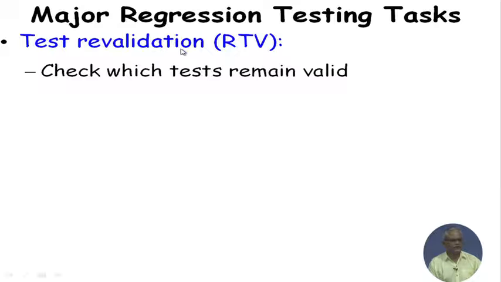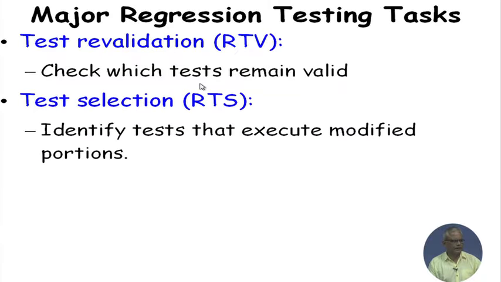So, we first identify the valid test cases, and out of the valid test cases we identify and ignore the redundant test cases, and that leaves us with the regression test cases. That is called the regression test selection problem.